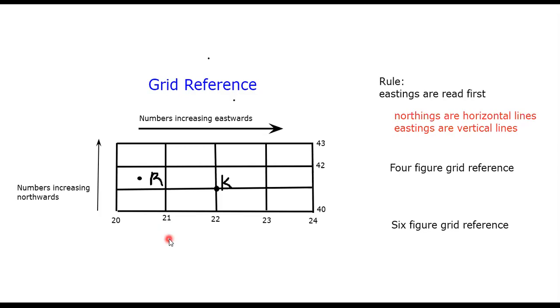That's how we would handle it. For the eastings, we read the line that it is directly behind, not the one that is in front of it. Remember that, let me maybe draw some little lines right here.